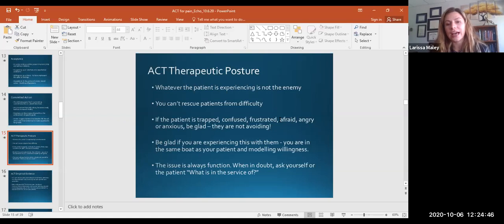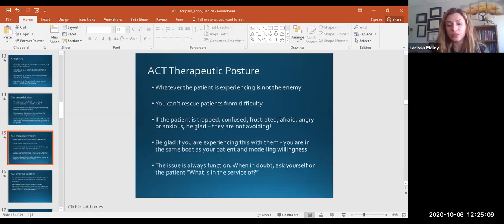And a lot of the ACT techniques are called in vivo techniques, means that we do them in the session, and they're geared to bring up some of those unpleasant feelings so that patients can experience it in the safe environment of the therapeutic relationship and not be so afraid of it, and start to actually gain mastery of it, and then be able to apply it outside of session.